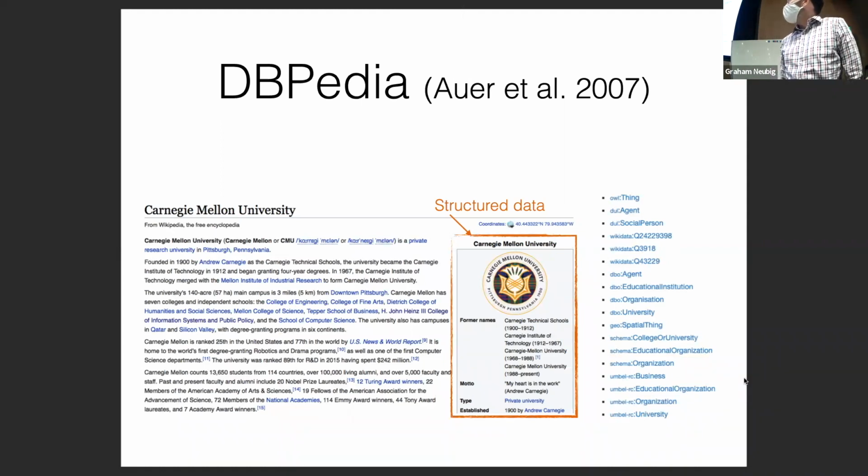So a little bit later in history, we go to about 2007, there was a very big revolution in how we structure knowledge, namely Wikipedia. And Wikipedia is encyclopedic knowledge that's available online for free.